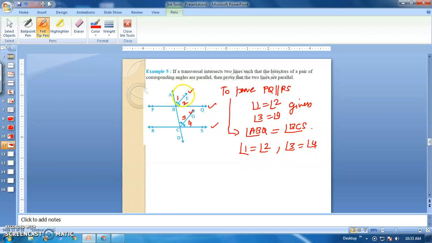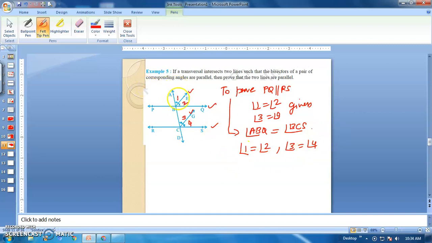Now what about 1 plus 2 here? That is angle 1 plus angle 2. Listen here. Angle 1 equal to angle 2 and angle 3 equal to angle 4 are given.